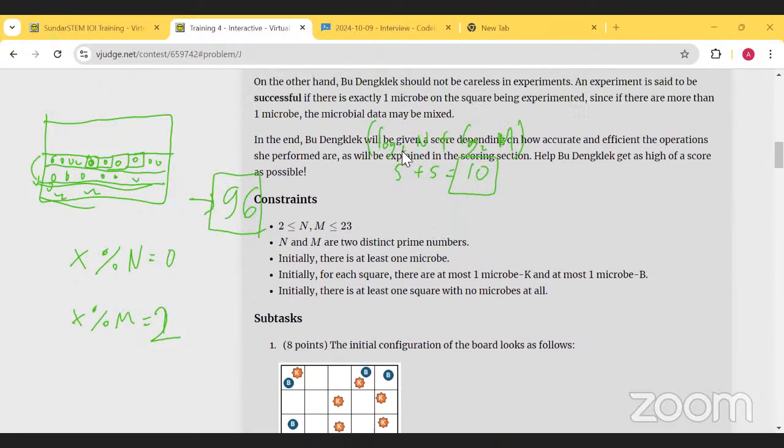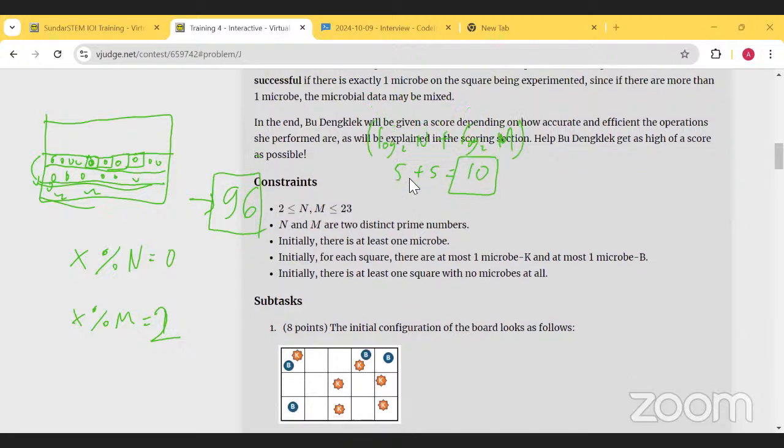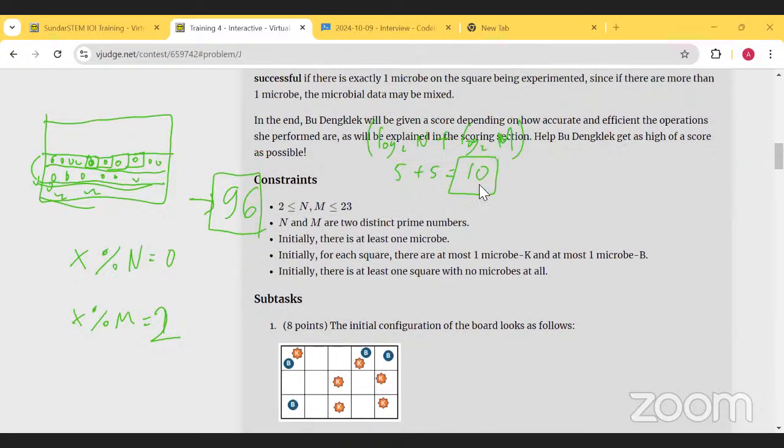If we use this solution, we got 10 acceleration. And then there is another interesting solution that the score is 99. Why? At first, we will sacrifice one failure experiment, so we will get two empty cells.